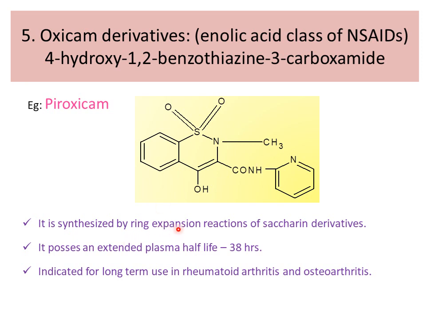It is synthesized by ring expansion reactions of saccharin derivatives, and it has an extended plasma half-life of about 38 hours. It is indicated for long-term use in rheumatoid arthritis and osteoarthritis to reduce pain. That is about piroxicam.